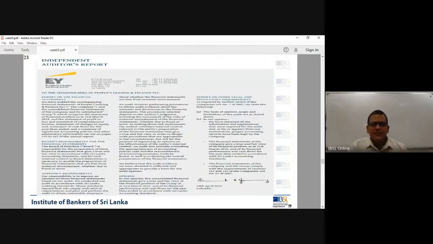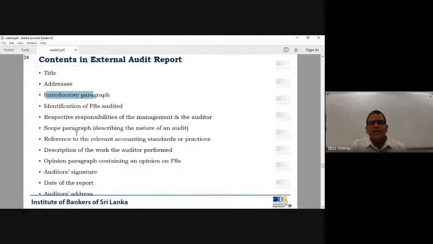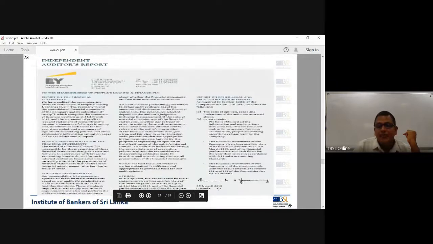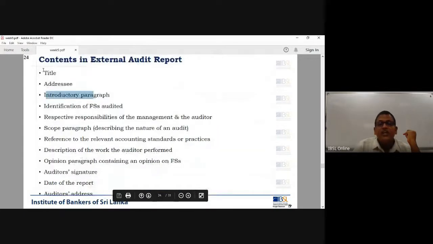Then the scope paragraph and reference to relevant accounting standards and practices, a description of the work and audit performed, an opinion paragraph containing an opinion on the financial statements, the auditor's signature, the date of the report, and the auditor's address. These are the things included in an external audit report.